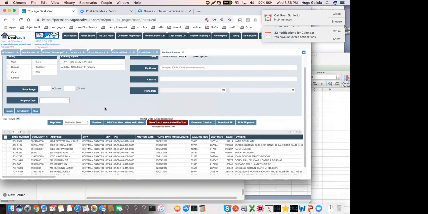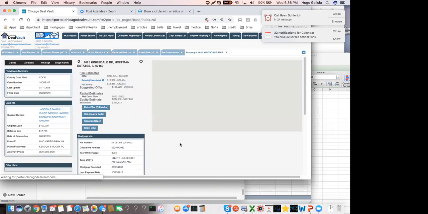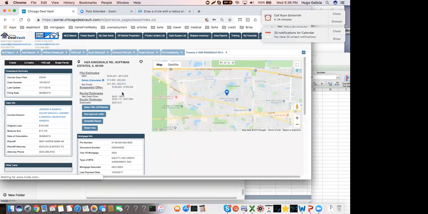So we already know Hoffman Estates, it's a hot market. Now let's identify some pockets within Hoffman Estates. So let me show you how easy it is to do that. I'm just going to pick one of these properties. Okay, so this is a hot deal because this is a single family home, 3-bedroom, 2-bath. This property is worth between $250,000 to $275,000, and guess what?